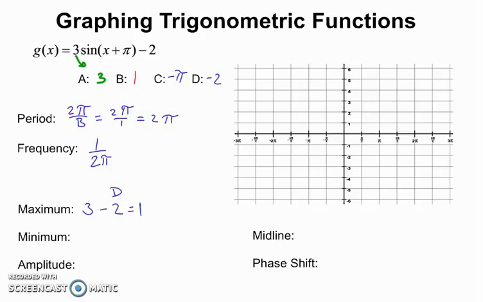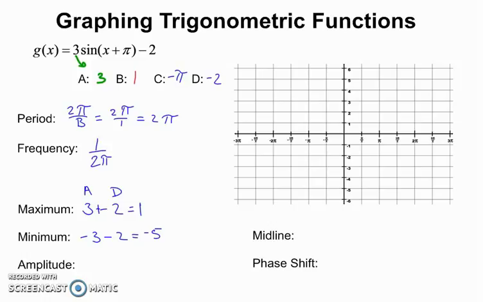So there's my d. And my a is 3, and so if I add those together, we get 1. If I subtract them, so negative 3 minus 2, I get negative 5, and that's my minimum.